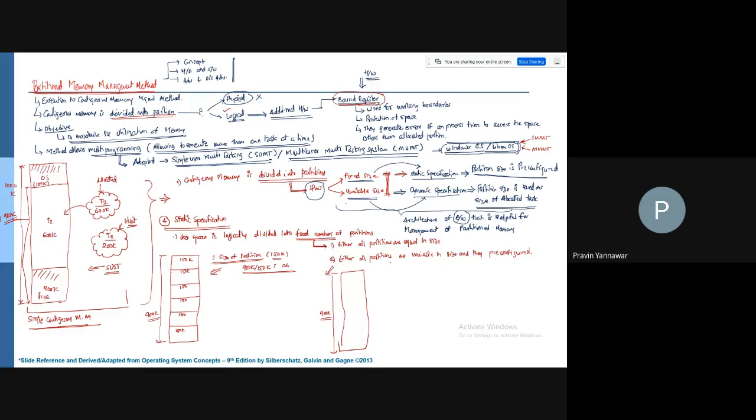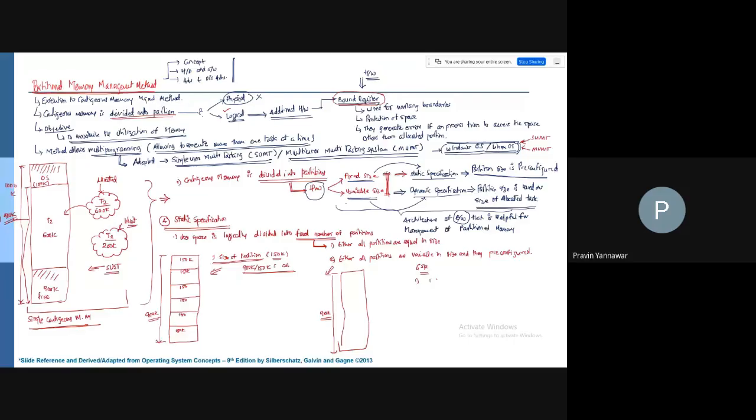Pre-configured mechanism means, okay, I need to have 6 partitions, let us say, but I want one partition to be of 100k. I want one partition of 100k. Okay, I need 200k, I need 2 partitions. So 200, 200, 400 plus 100, 500.